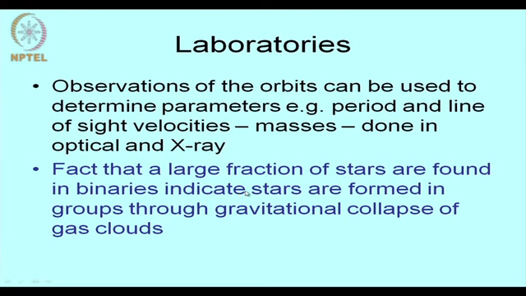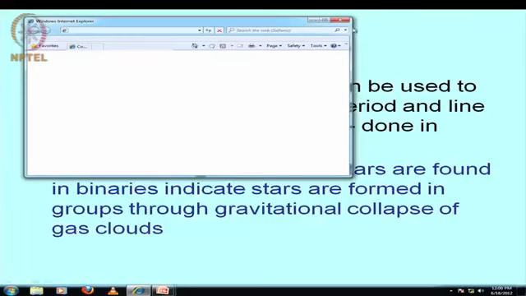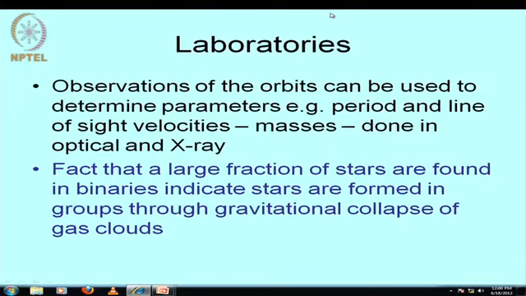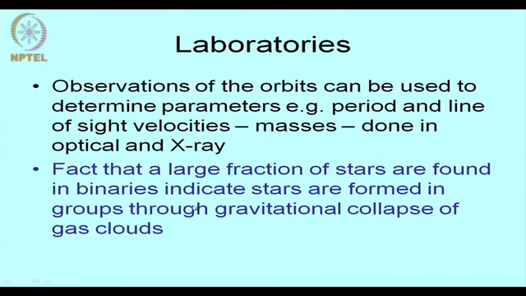So, when in the interstellar medium you have these gas clouds, and such a cloud collapses, you do not form a single star, but you form several stars simultaneously. And the fact that you have binary systems in excess of individual stars gives us a handle on the star formation process.